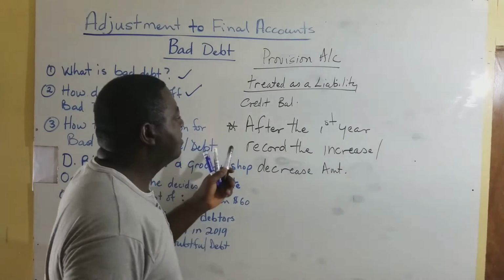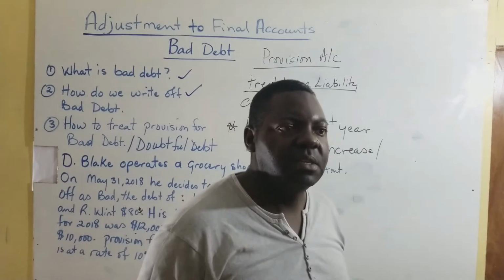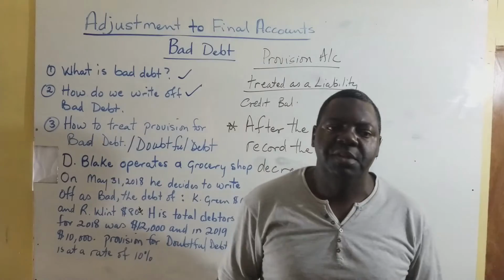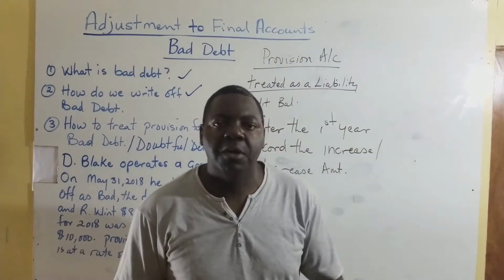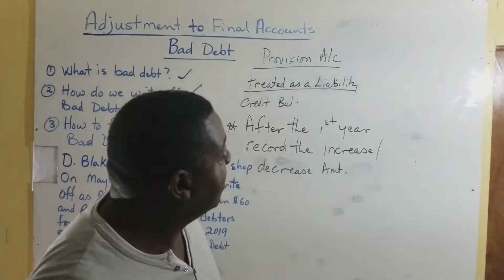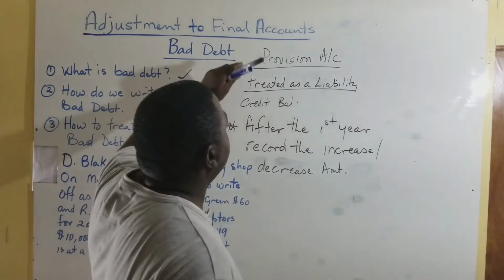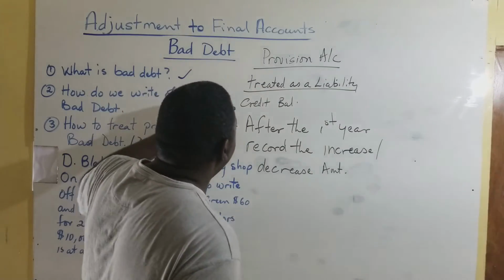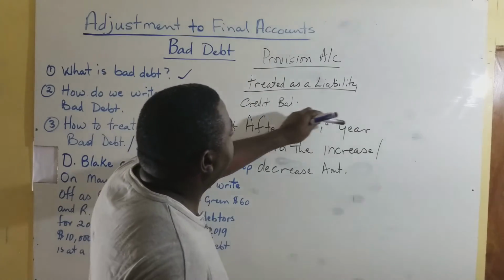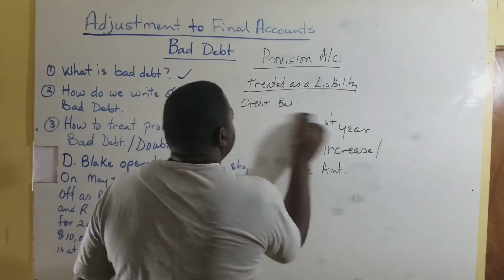So this rule is very important. After your first year of calculating the provision for doubtful debt, what you are going to be recording in the account is the increase amount or the decrease amount in the years that follow. All right, so we have established that a provision account is treated as a liability, which means the account carries a credit balance. And one other rule is that after the first year, you record the increase and the decrease amount. Let's get it into practice now.